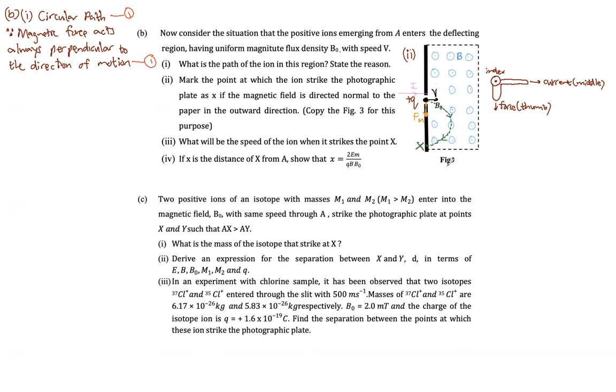So this is x. It will perform circular motion. This is the circular path. So if you're wondering how can this hit the photographic plate, this is how it happens.